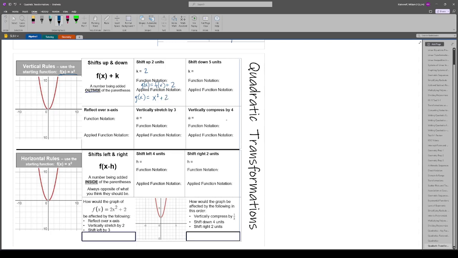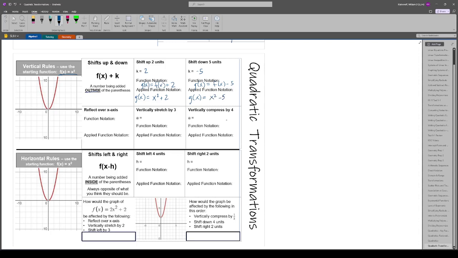Shifting down is the same exact idea, but we have a negative k value. So our g of x would be equal to f of x minus 5. Our applied version would be g of x equals x squared minus 5. So just our normal x squared function, but shifted down by 5.